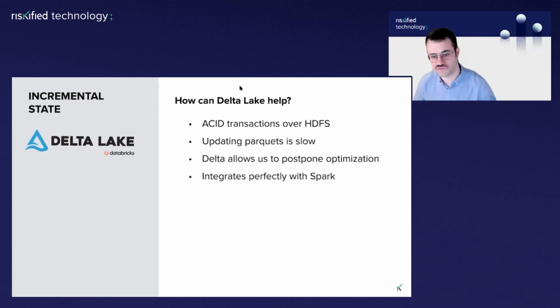So this is a pretty cool feature. And Delta is built to work with Spark. It's very, very intuitive to work with in Spark, as we'll see in just a bit. And it works on HDFS. We're working with S3, so it's kind of a perfect match.